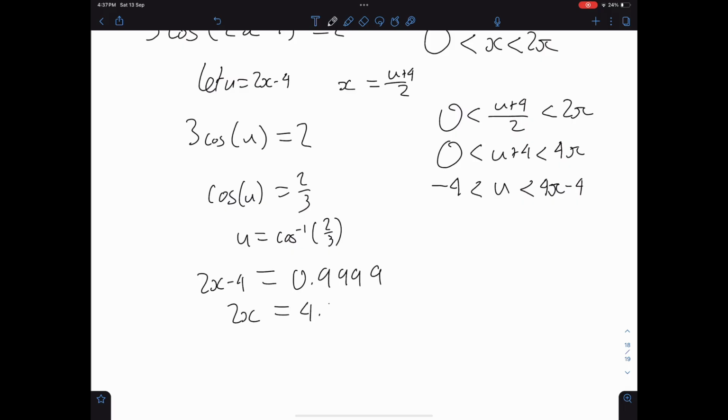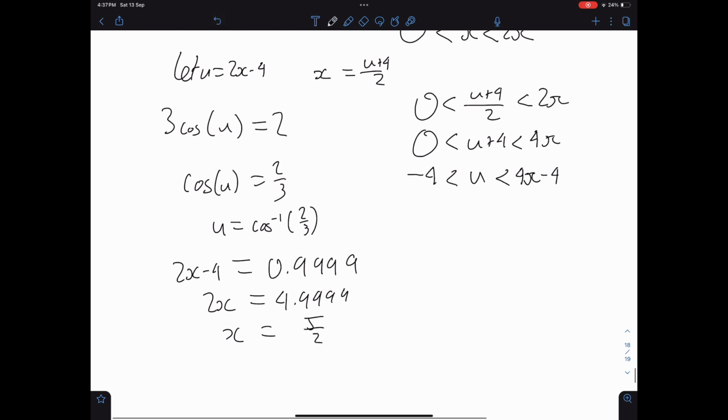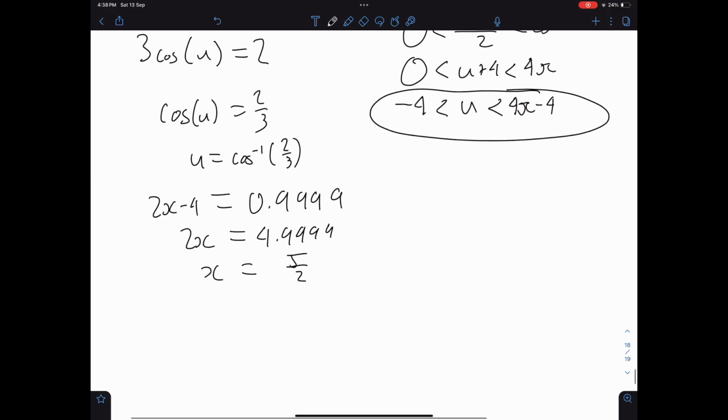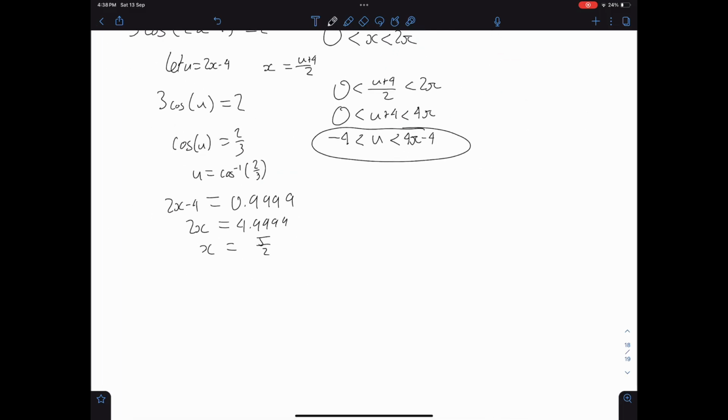So 2x equals 4.99999, and x equals, we'll round this to 5 over 2. But we need to make sure we get all the solutions in that range. So, pop up a graph maybe.